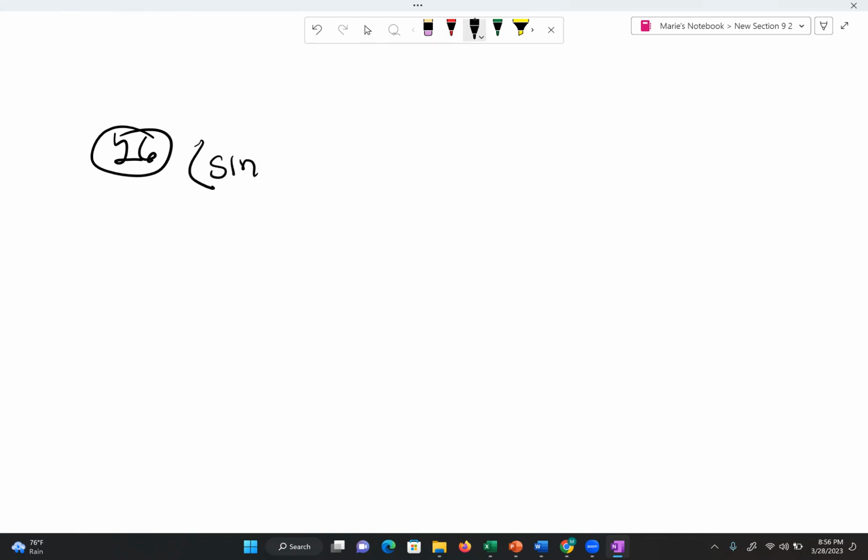So here's 26. On 26, we're given complete the identity, and they're giving us sine x plus cosine x, squared, equals what?